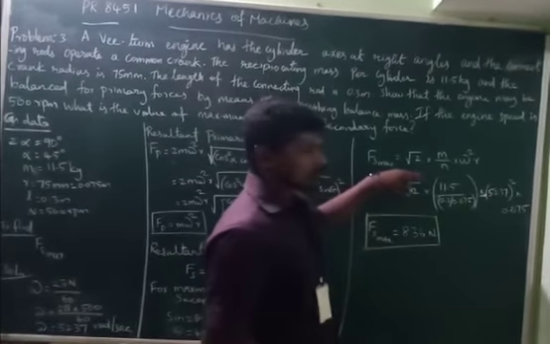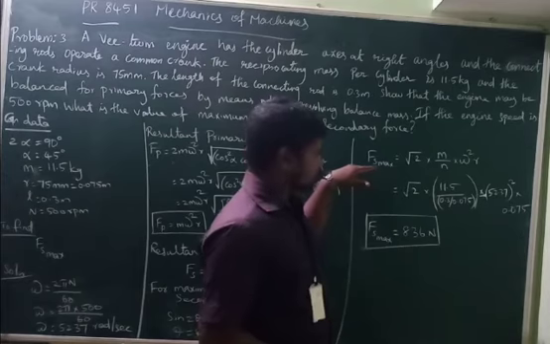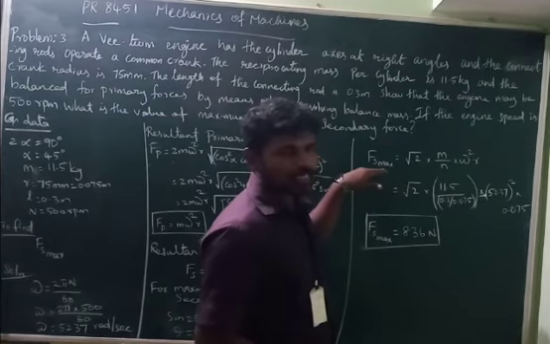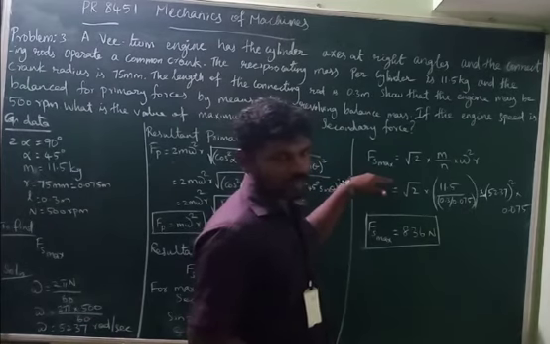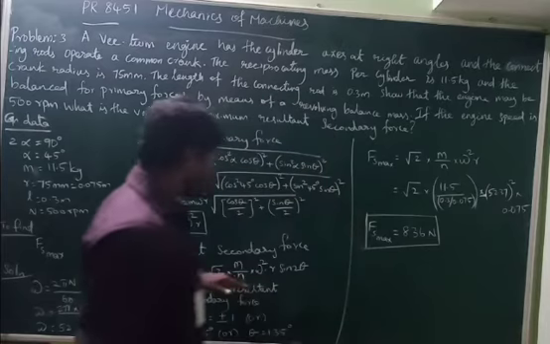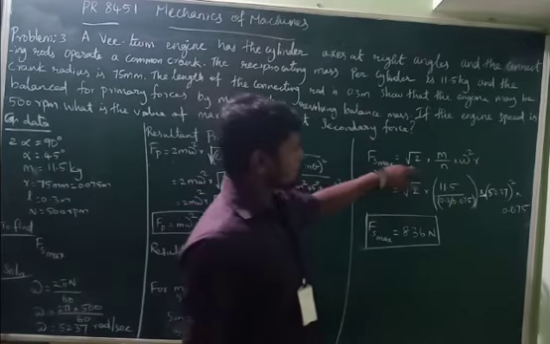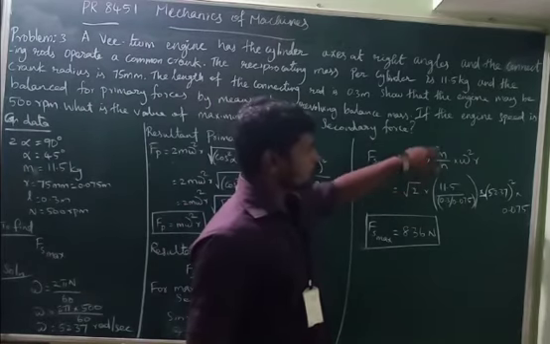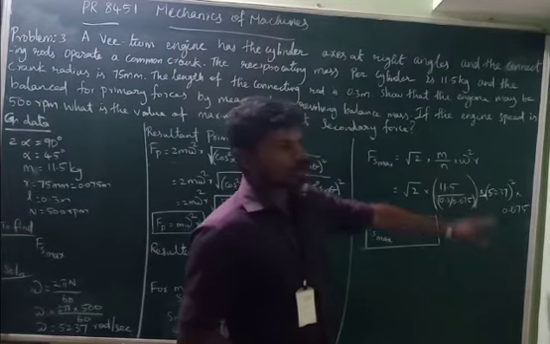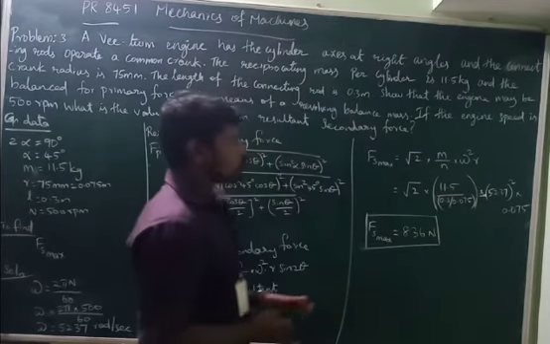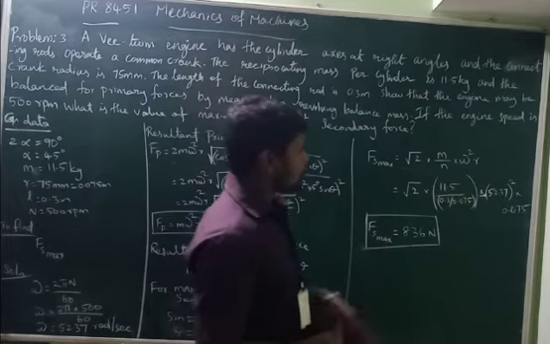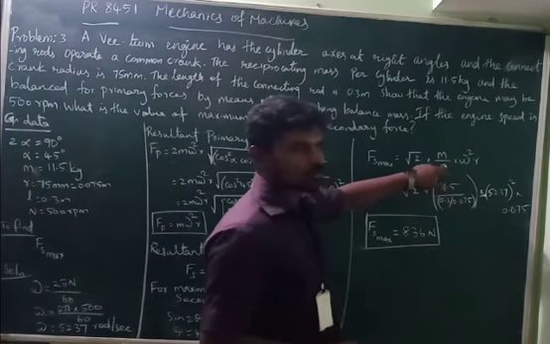So we can substitute those values here for the maximum secondary force equation. The equation will be square root of 2 into m by n into omega square r. Here we know all the values. What's n?